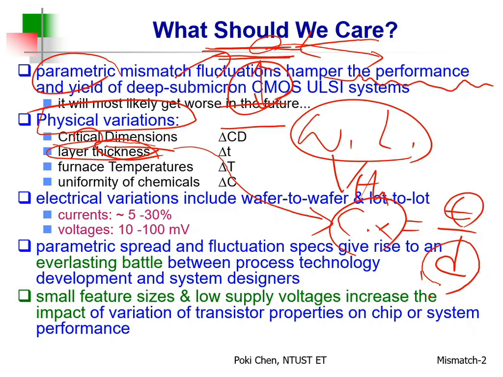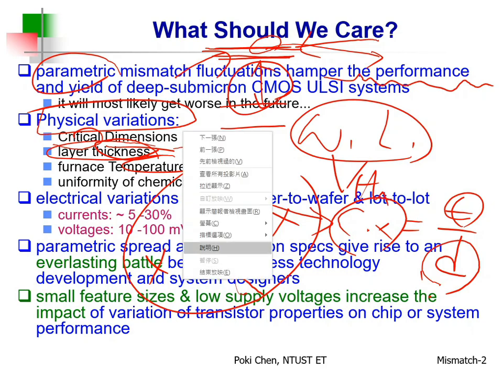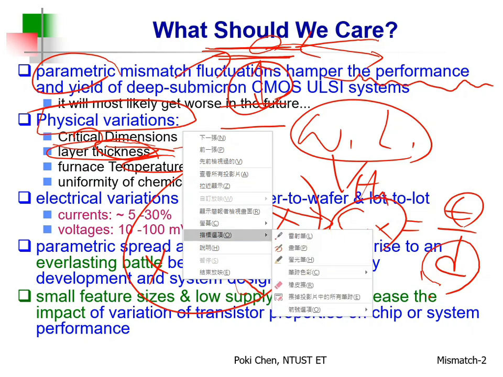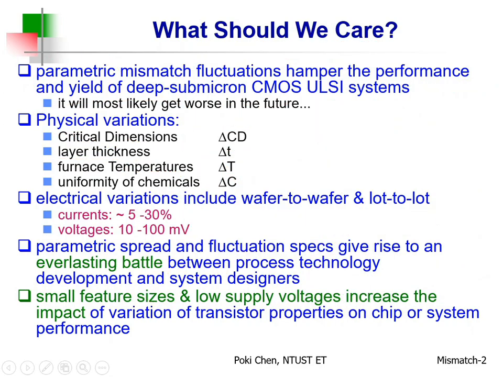Then we mention the temperature. TSMC and UMC can only control the average temperature, but don't tell them that in the oven, this point and that point have the same temperature. It doesn't make any sense. And the other one is the uniformity of the chemicals, especially the chemical solution.